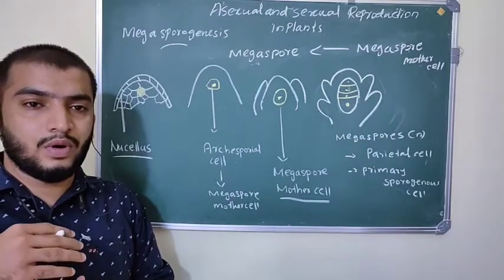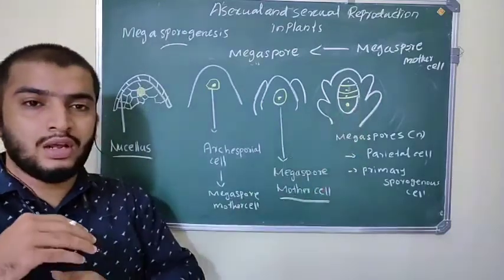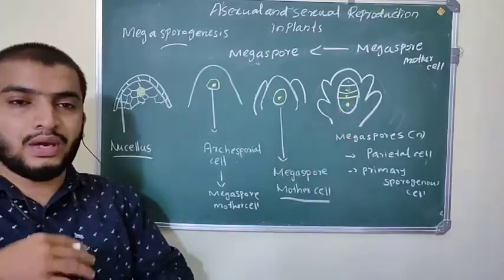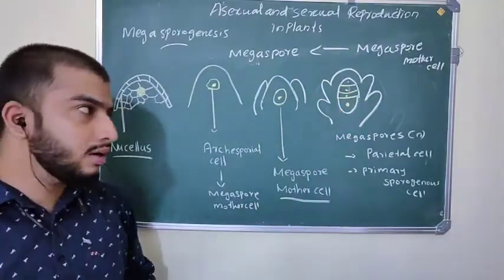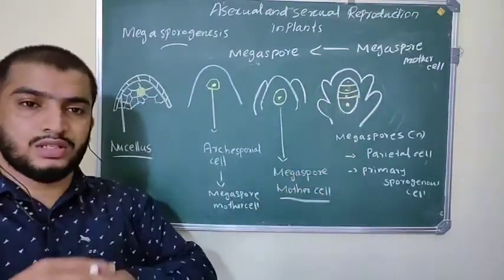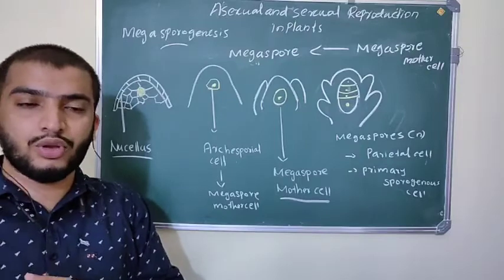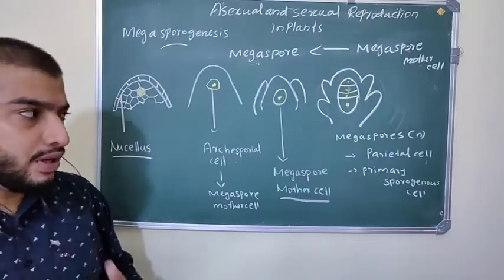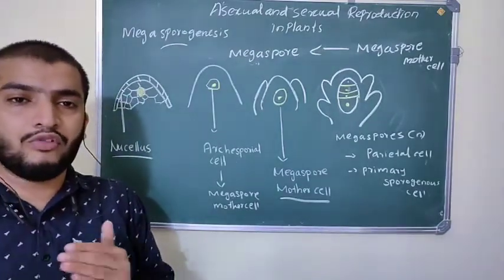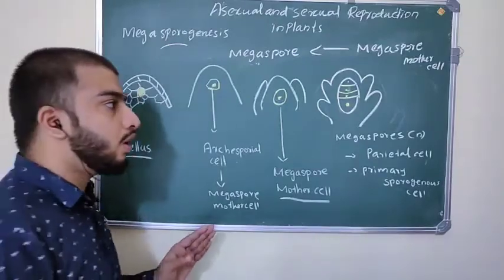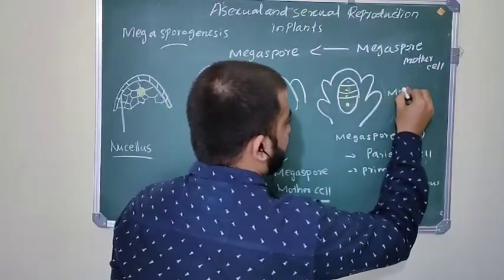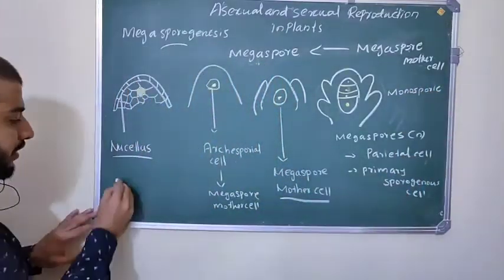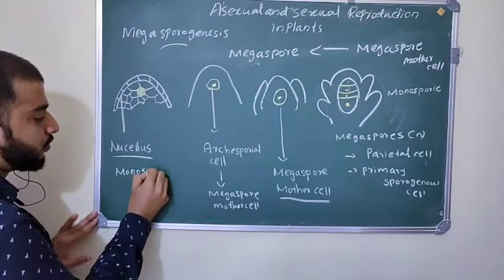Sometimes only one megaspore cell develops into the embryo sac, or two megaspore cells become functional and develop into the embryo sac, or maybe all four become functional. When only one megaspore becomes functional and develops into the embryo sac, that type of development is called monosporic development.